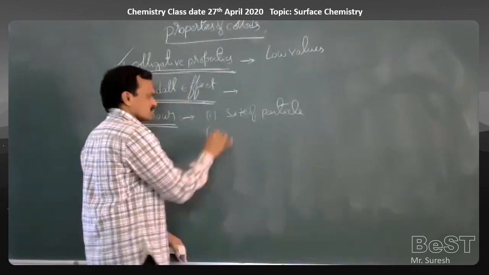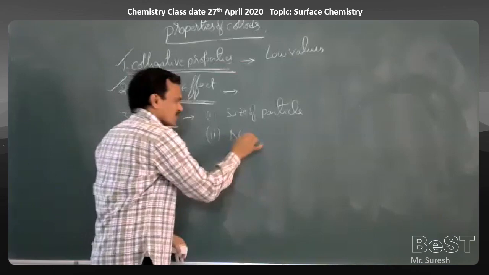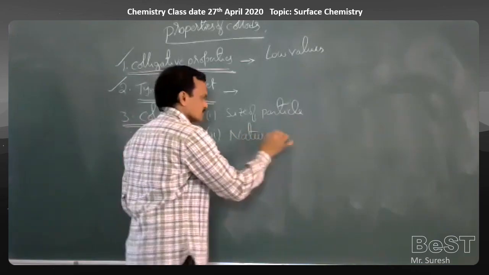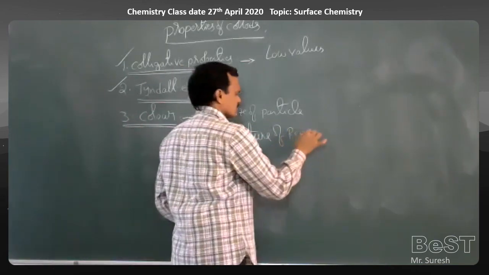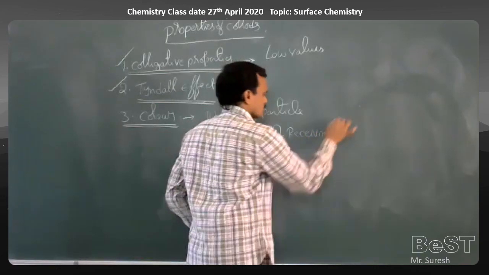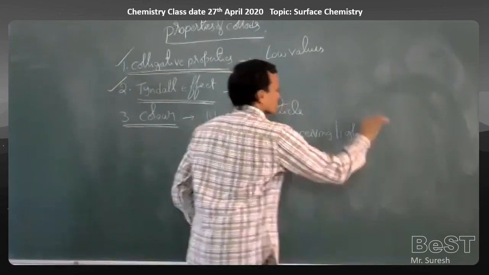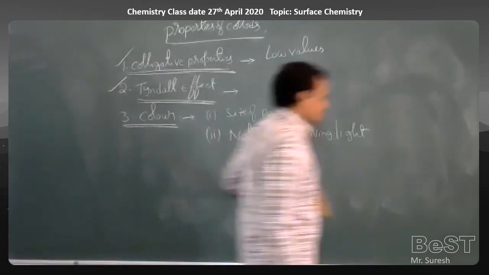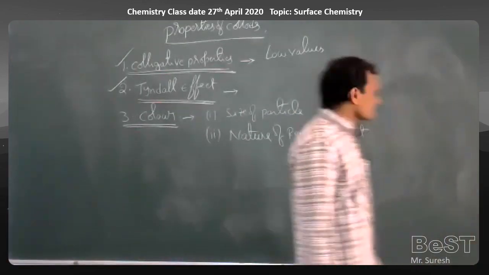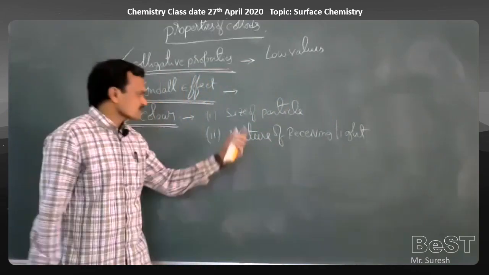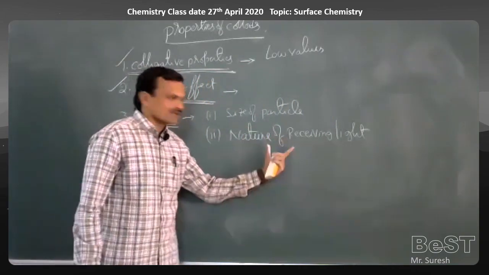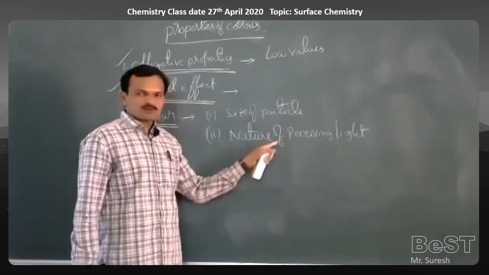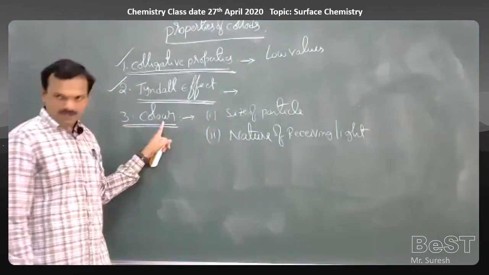The second one is the nature of receiving light. The first factor is the size of the particle, and the second one is the nature of receiving light. Based on these two factors, the color of a colloidal solution depends.